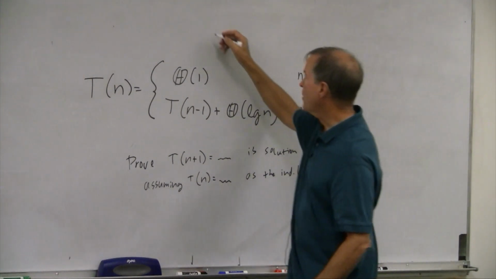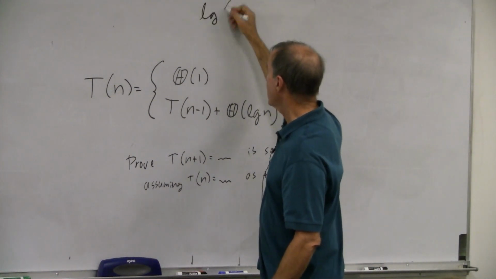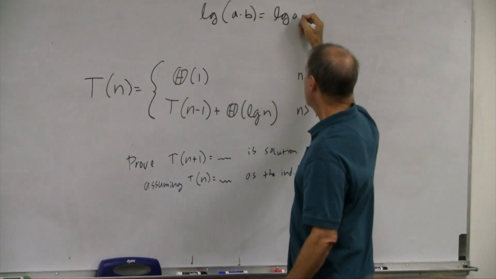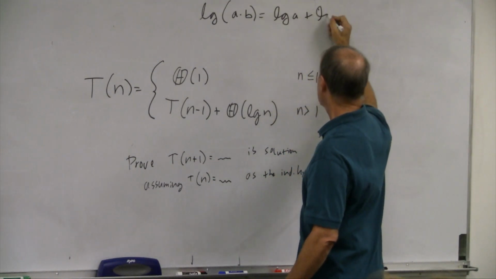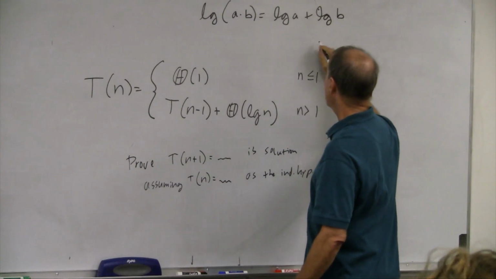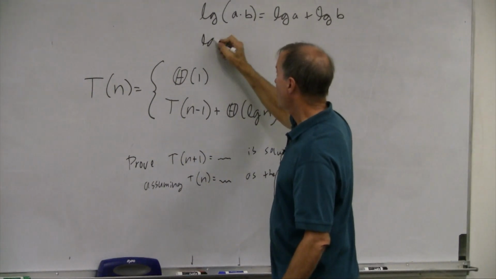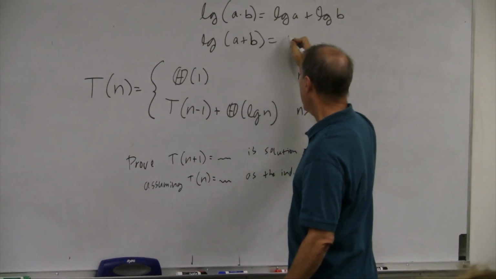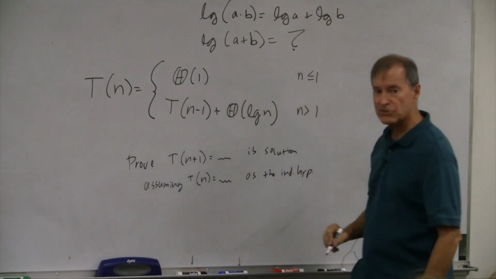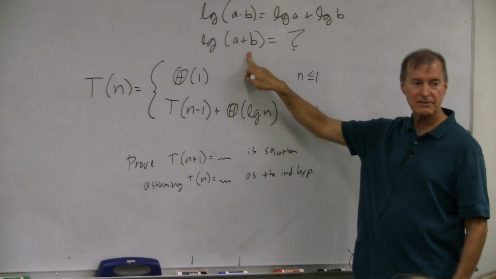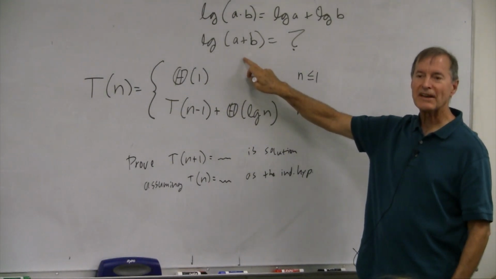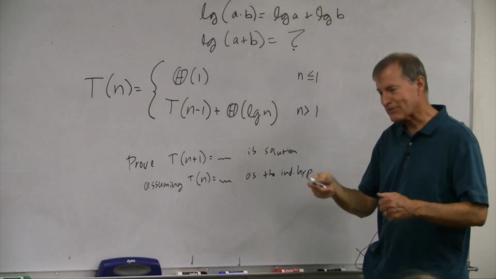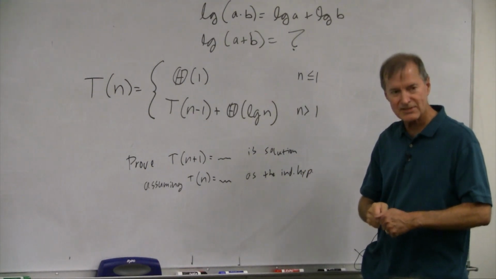See, look, we know that the log of A times B is the log of A plus the log of B, right? But if you say log of A plus B, that's a big fat question mark. There's no way to Google that. You can do expansions, Taylor series, blah blah blah, and all that. But it's not.